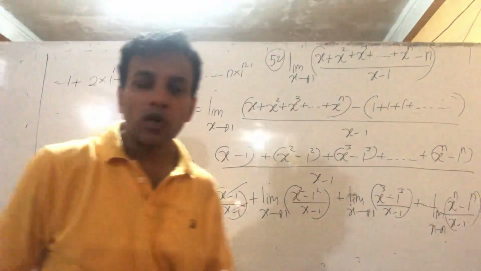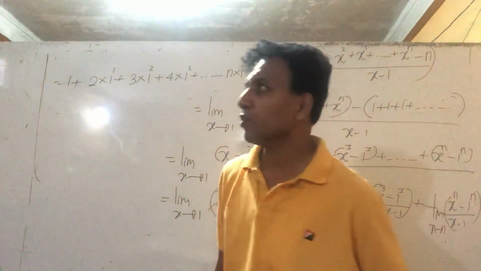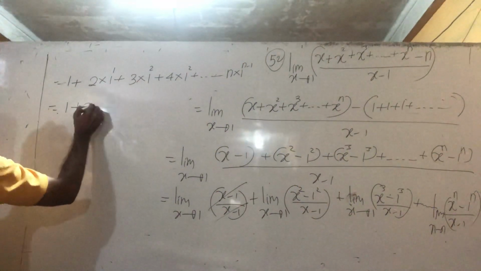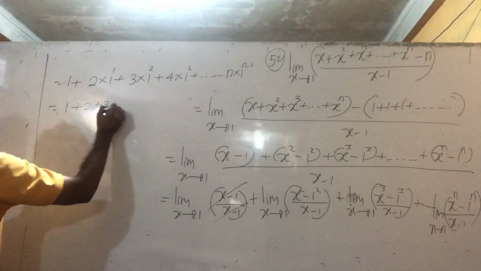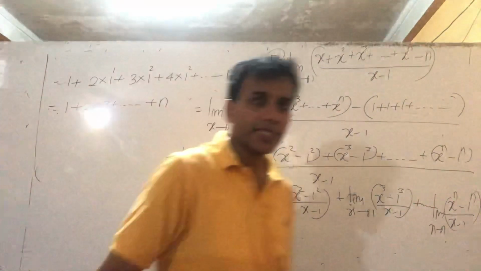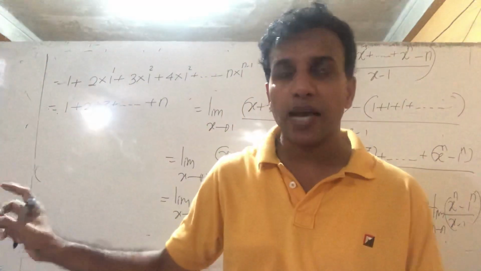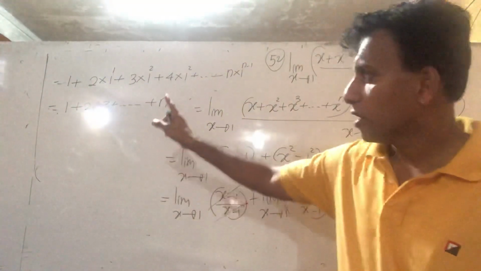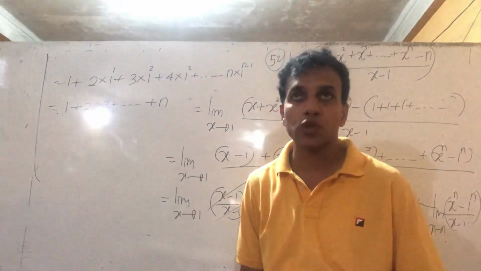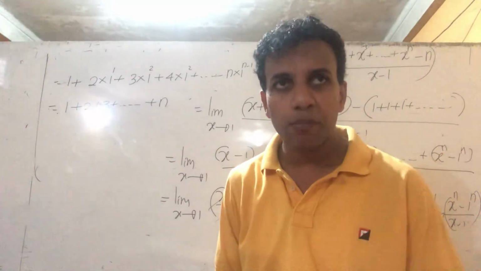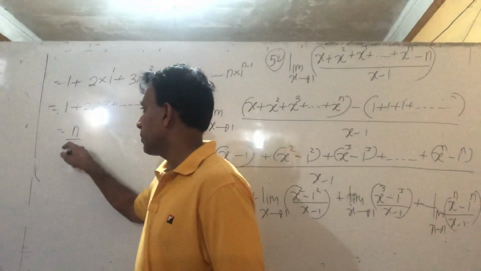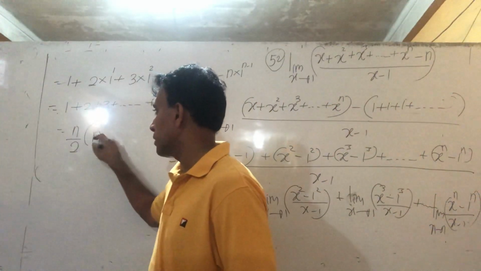You know 1 to the power anything is 1. Therefore here 1 plus 2 plus 3 plus up to n is the final answer. What is this? Sum of first n natural numbers, 1 plus 2 plus 3 plus 4. What is the formula? n into n plus 1 by 2. Therefore the limit answer is n into n plus 1 by 2.